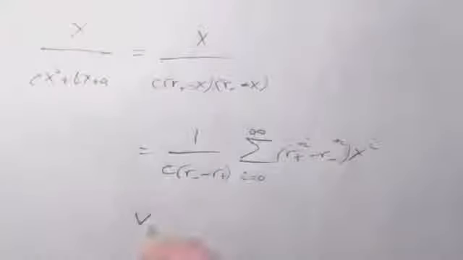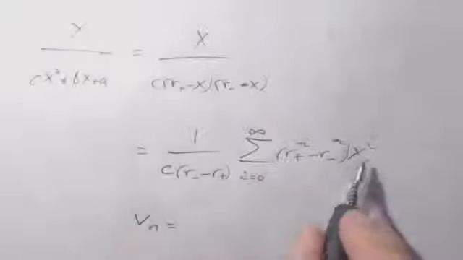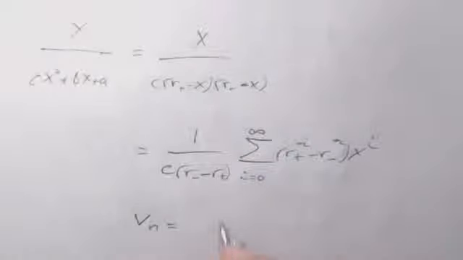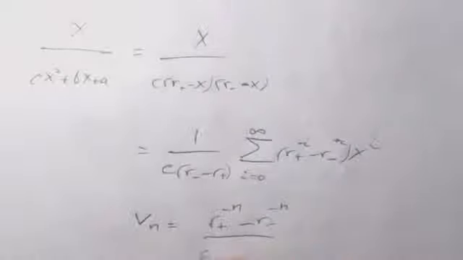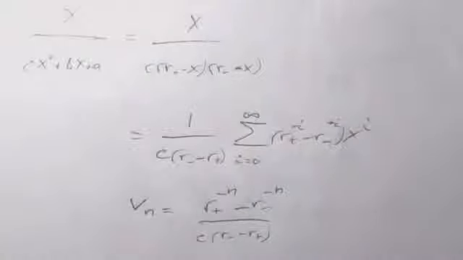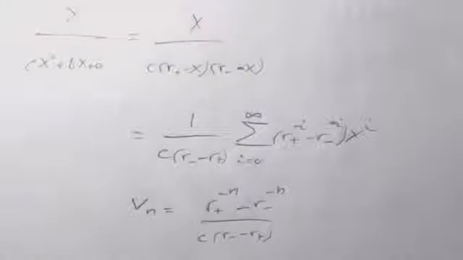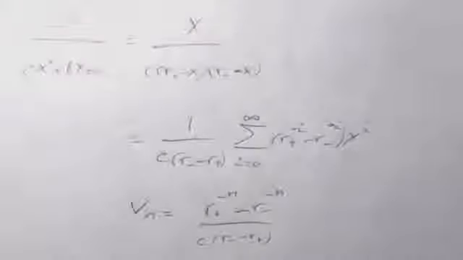So this tells us that vn is equal to the coefficient of x to the n here, so it's going to be r plus to the minus n minus r minus to the minus n, over c times r minus minus r plus. Yeah, that's right.